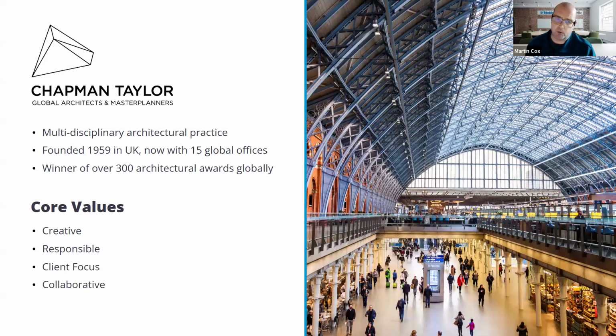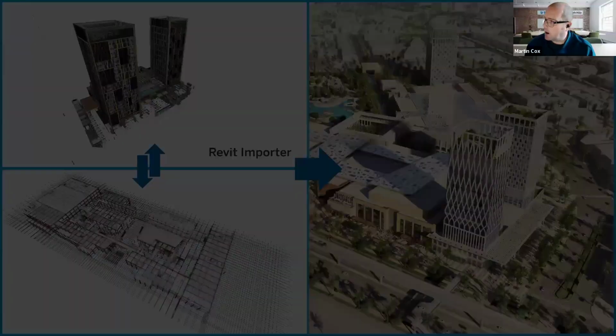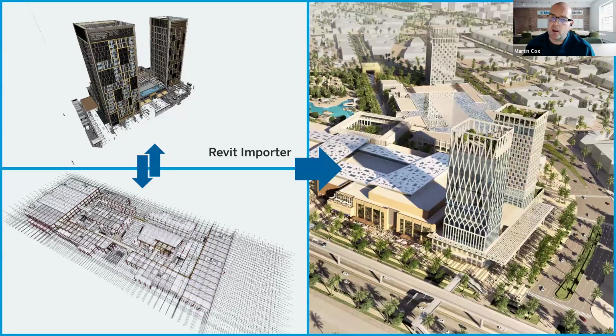Some of the examples that we have here, so this was a project that they were working on. They had used SketchUp initially to create models of this particular hotel complex, but then they worked in Revit, and then it went to the customer, and the customer said, instead of the towers being the same, we'd quite like to see what it would look like potentially with a different design on.